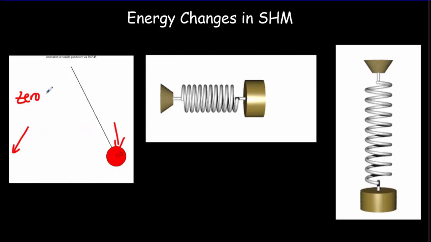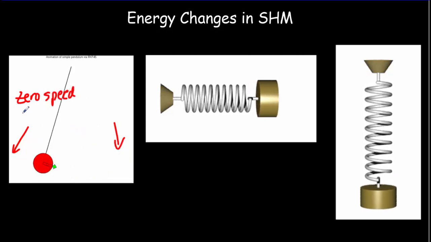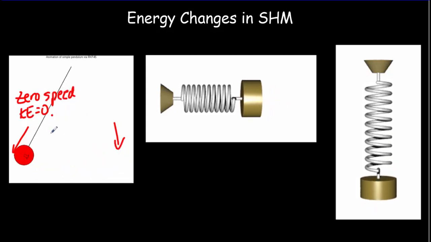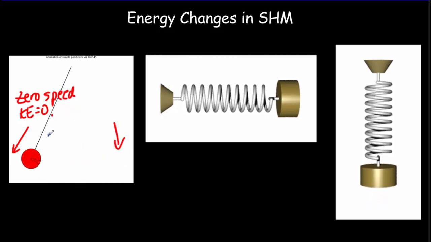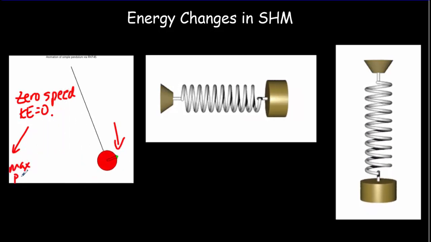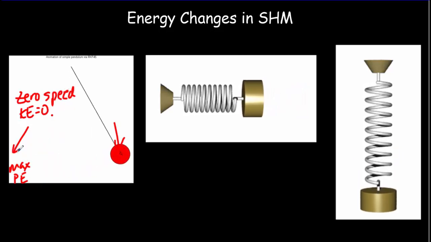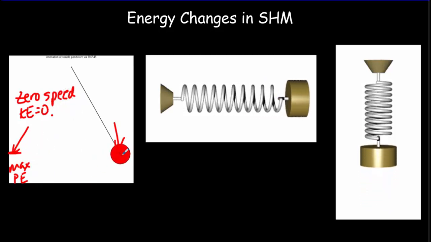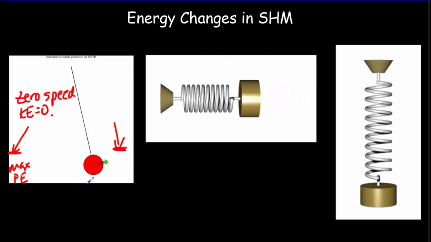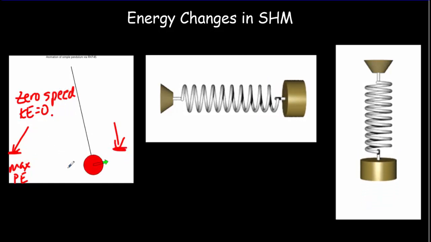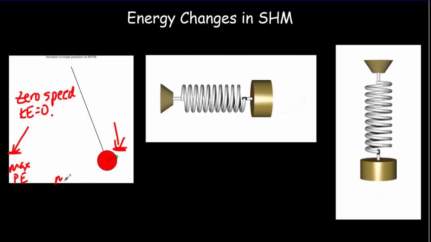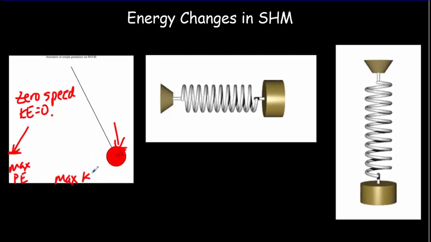It's a turnaround point. And that means you have 0 kinetic energy, and that implies you're going to have maximum potential energy. In this case, it's gravitational potential energy, and you can see that the ball is at its highest point at the endpoints. When the ball's at its lowest point, that's when you're going to have maximum kinetic energy.